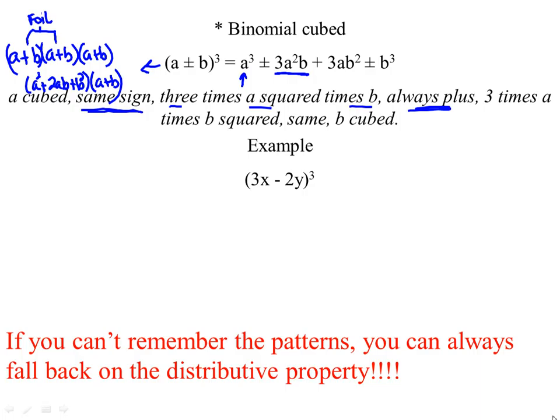Always plus 3 times ab squared. Same sign. And that last one cubed. Memorize the pattern or learn how to do the distributive property really good. It's your choice. So the problem that we have here, you can do this.